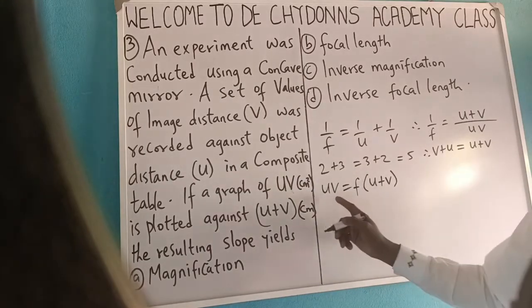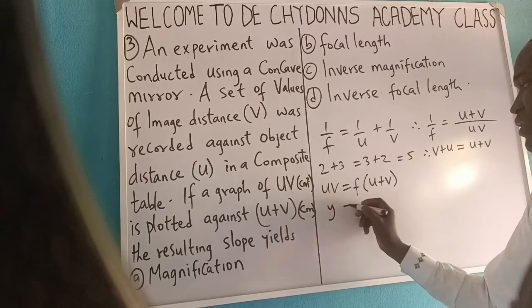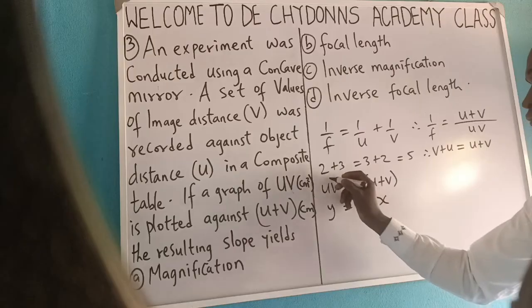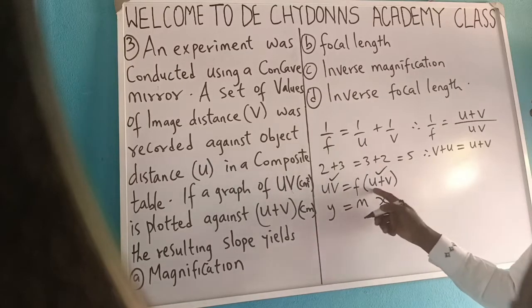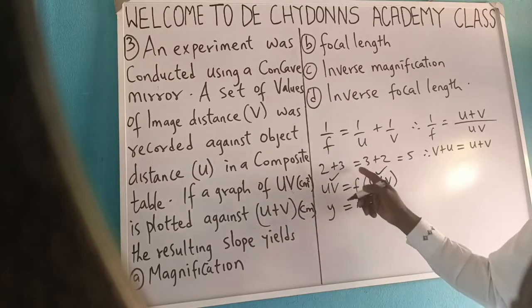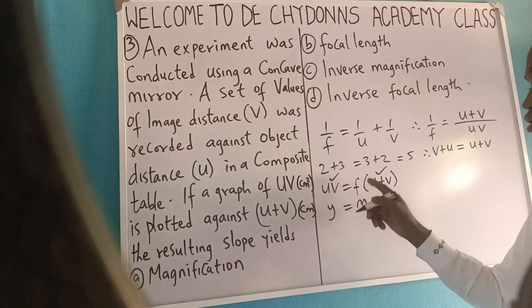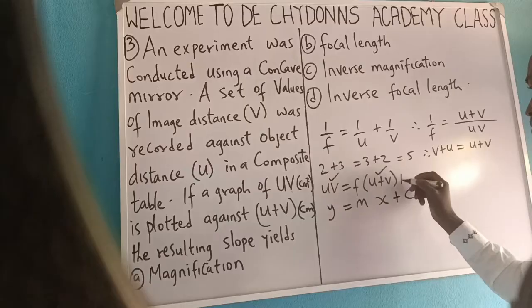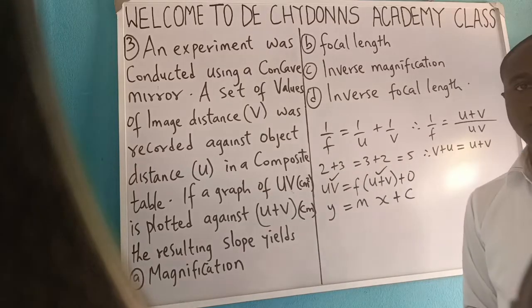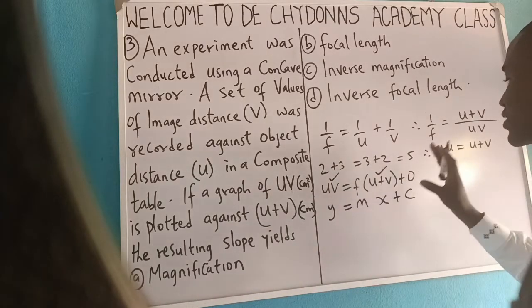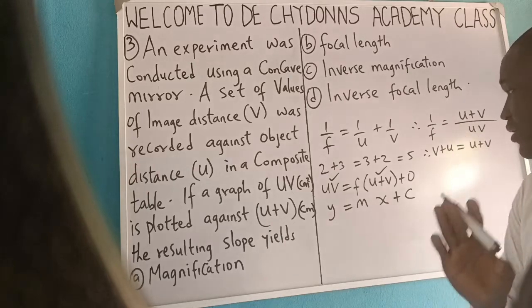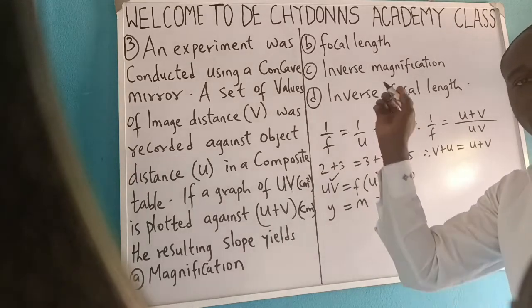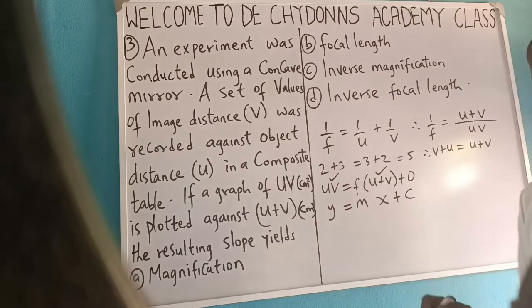That means when you plot a graph of uv against u plus v, m will be the slope, which is the focal length. Then the intercept is meant to be 0. If the experiment is conducted very well, correctly, you will see that it will not have an intercept. The line will pass through the origin.